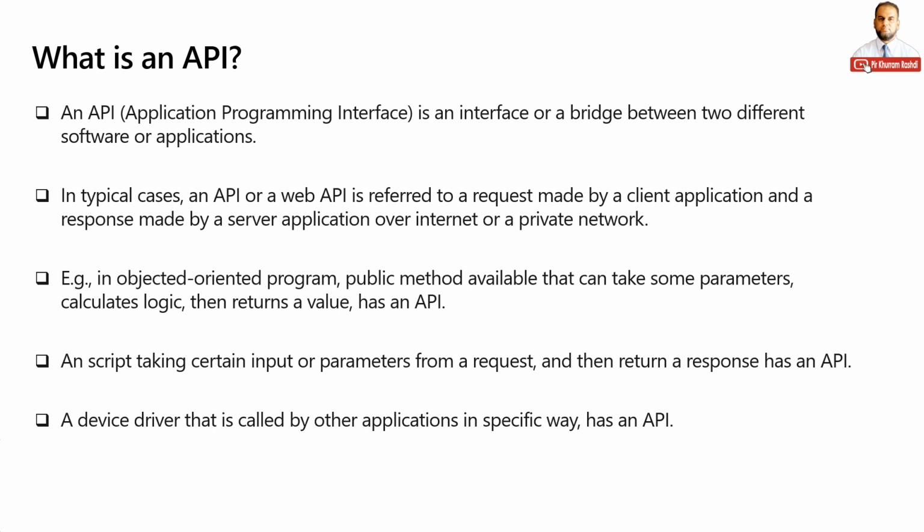In a typical case, when you talk about an API nowadays, it is most commonly called a web API, because everything is on the web. The majority of big ERP systems are on cloud or web, and many open source systems are also on cloud.